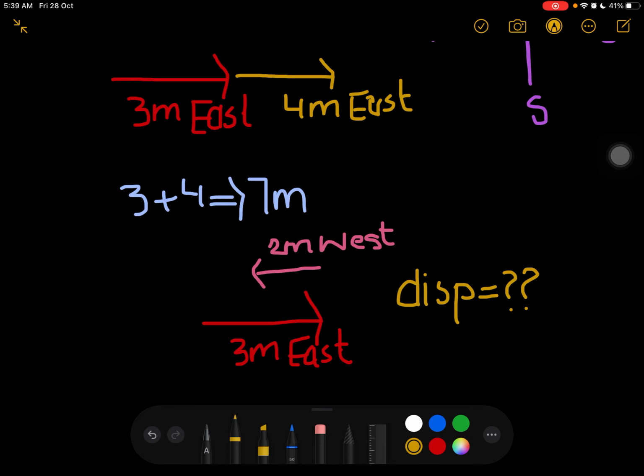So what is displacement? Displacement is actually the shortest path, right? From position 1 to position 2, from the initial position to the final position, or you can say it is the shortest distance.